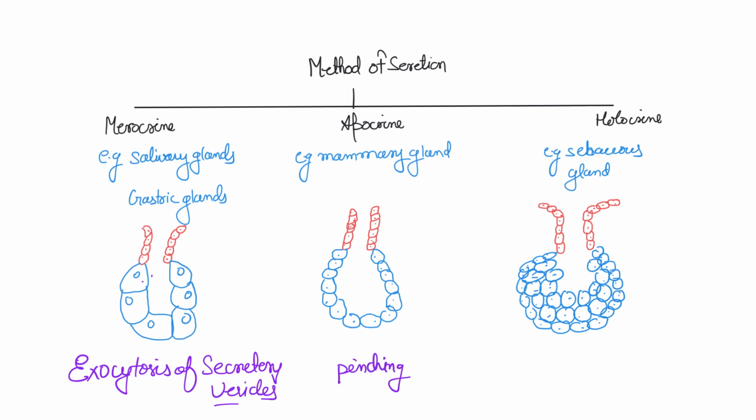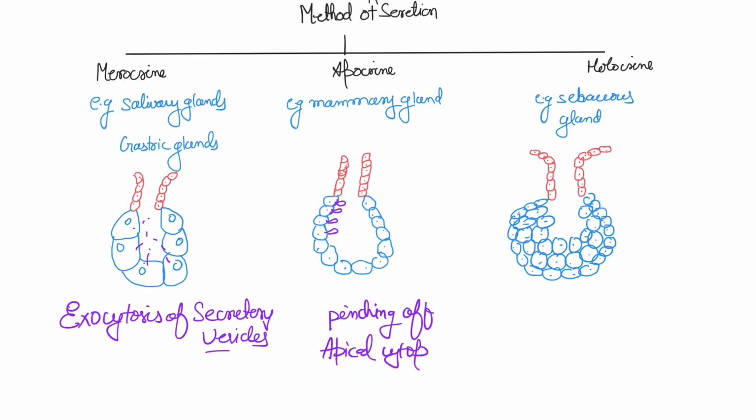So the secretions here are just released, but here a portion of the cytoplasm itself exudes out, right? The apical portion pinches off the cytoplasm along with the secretion. But the cell is quick to repair, right? So the pinching off of the apical cytoplasm happens, and the secretion is delivered.